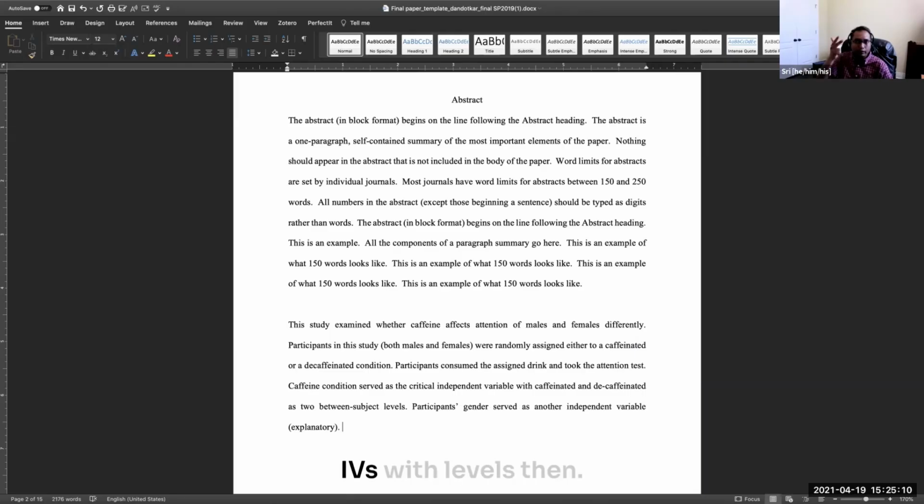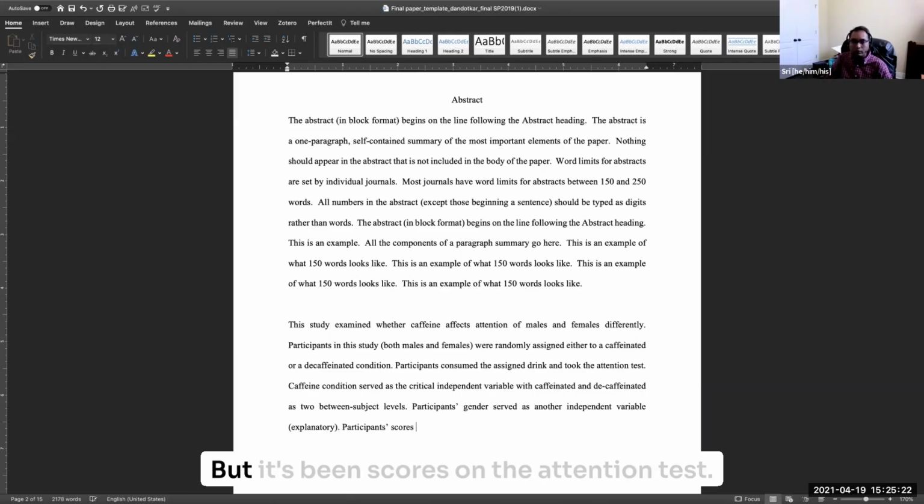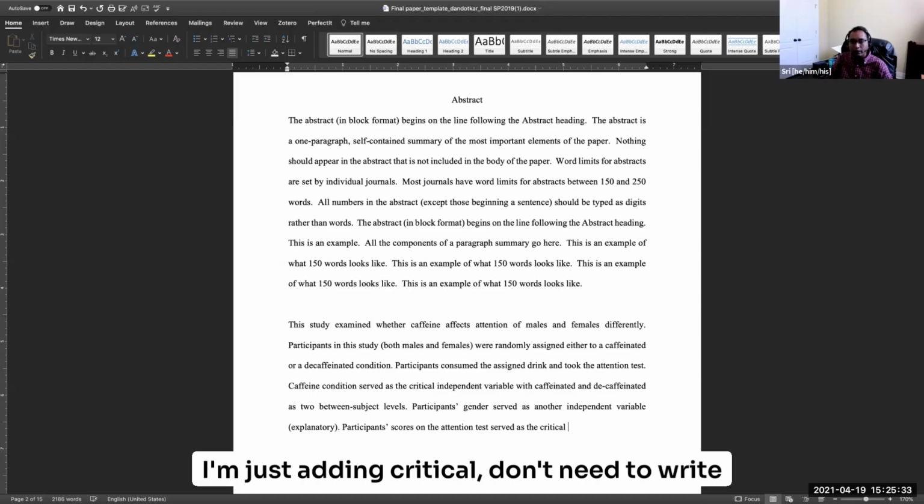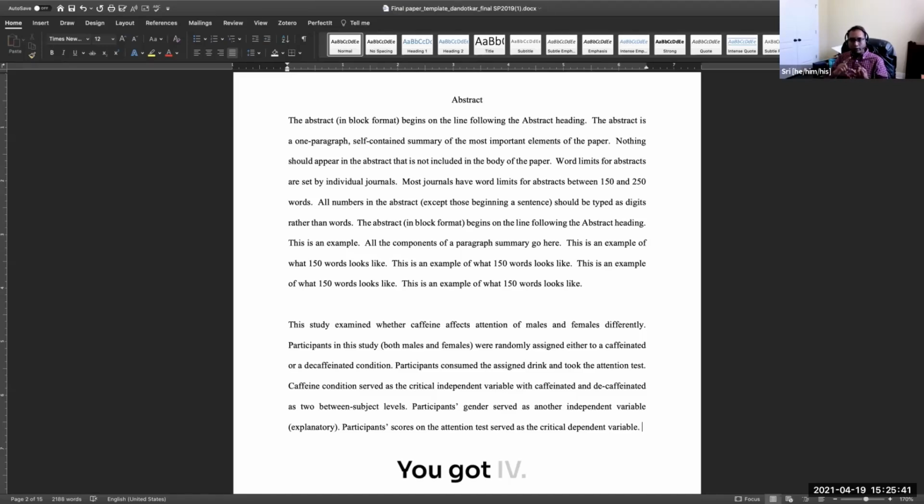What next? IVs with levels, then DV, right? Participant scores on the attention test as the critical. I'm just adding critical. You don't need to write dependent measure or dependent variable, right? So you got goal, task, IV, DV. What is next?